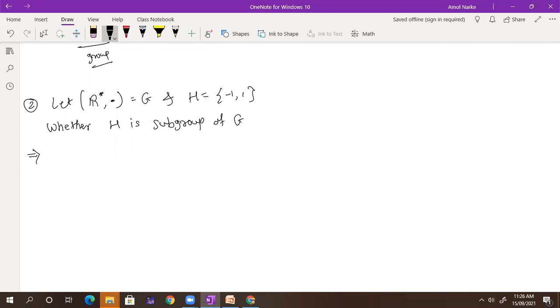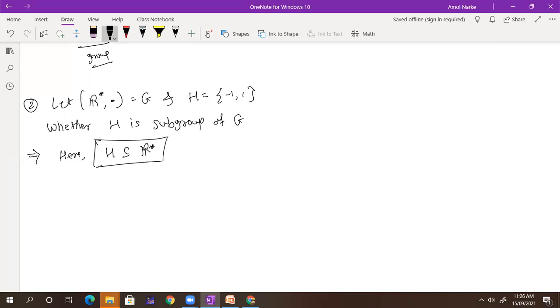Whenever we have a finite group, check whether H is a subset of R star or H is a subset of G. Yes, sir. So H is a subset of your R star. Yes or no? This is clear. No need to check.